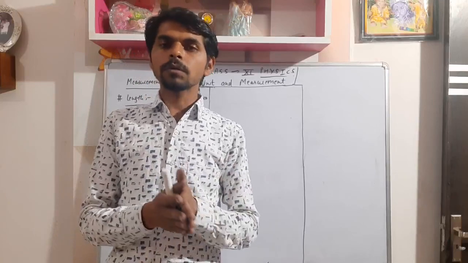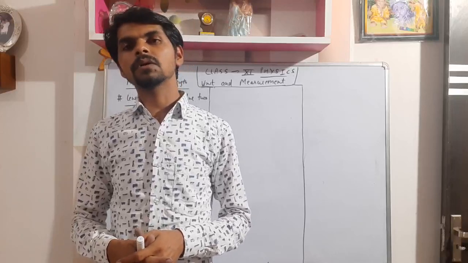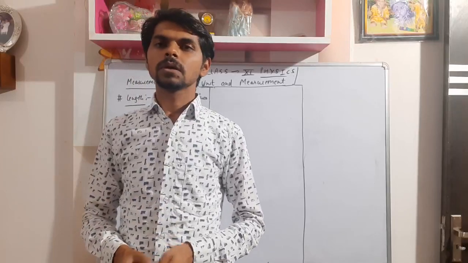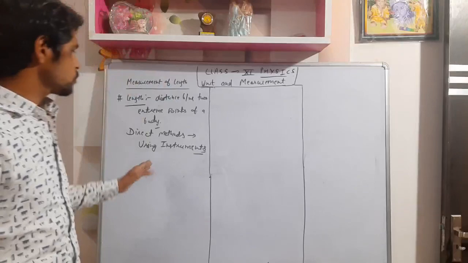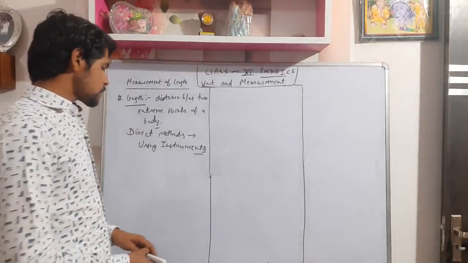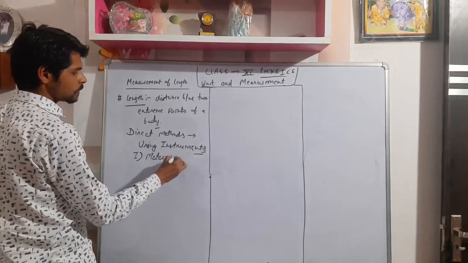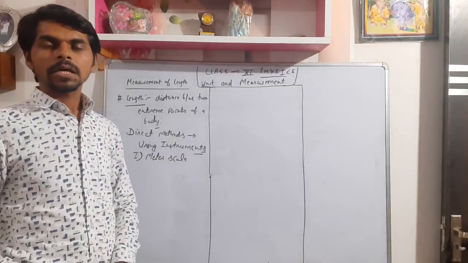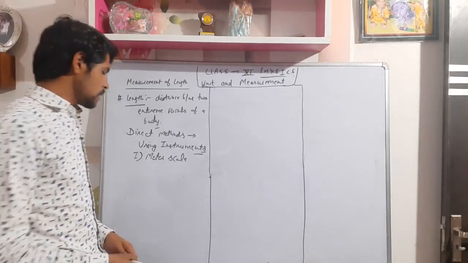Apart from the scale, there are some other measuring instruments available in our physics lab for measuring the minimum length as well. So far you have not heard about those instruments. We are going to do the practicals in the lab about them, but we are going to hear the names here. First is meter scale. If we are using meter scale, it means we are using a measuring instrument, so we are under the direct method.